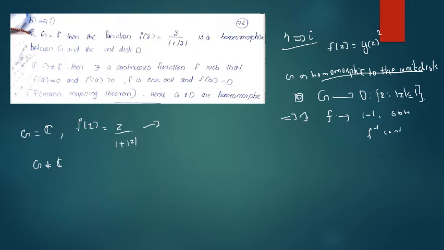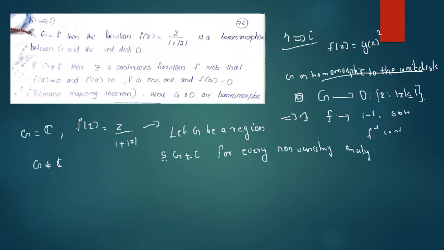The Riemann mapping theorem states: let G be a region which is not the whole plane, that means G is not equal to C, such that every non-vanishing analytic function on G, that means f of z is not equal to 0 for every z, has an analytic square root.